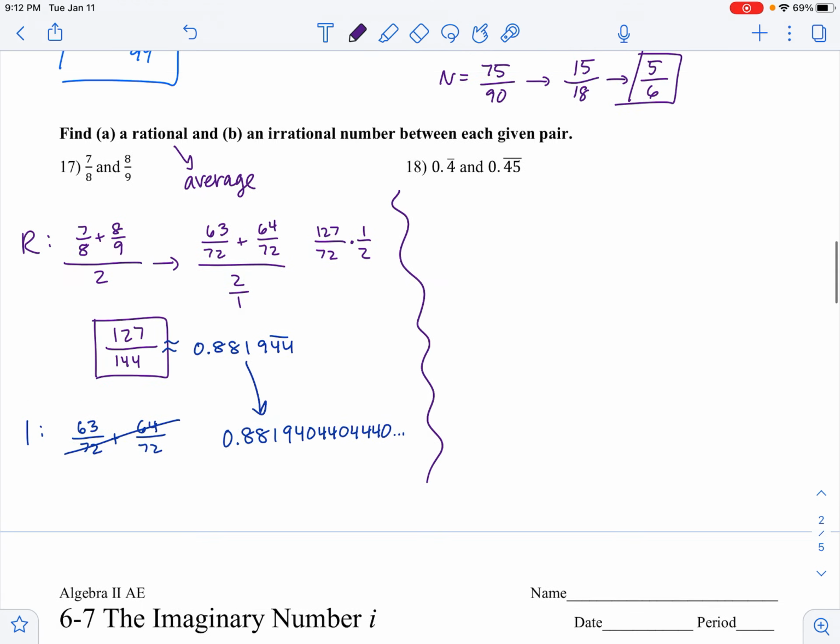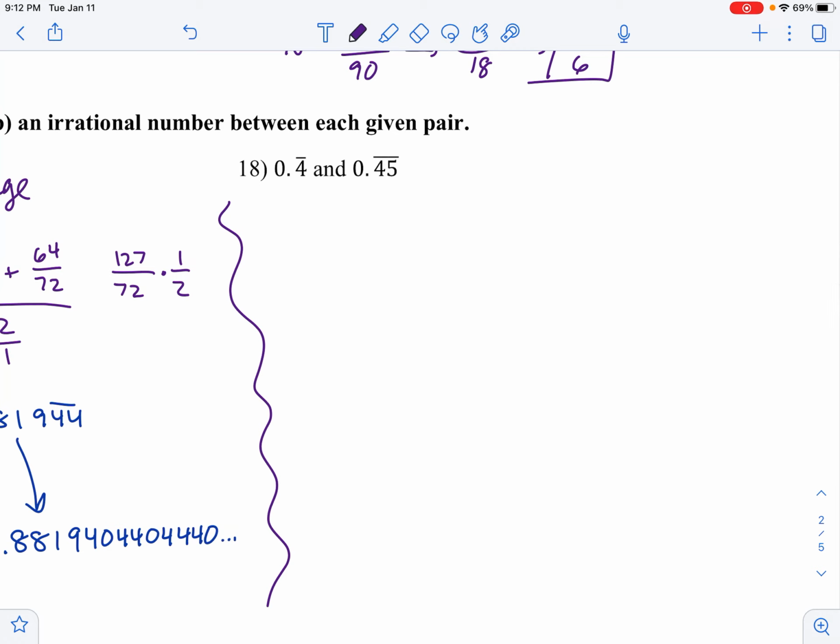For number 18, I definitely want to write these two numbers out a little bit longer than they're written. So I'm going to write 0.4444, maybe a couple more, and then I'll have my repeating. I'm going to give myself some space. I have 0.454545 repeating.